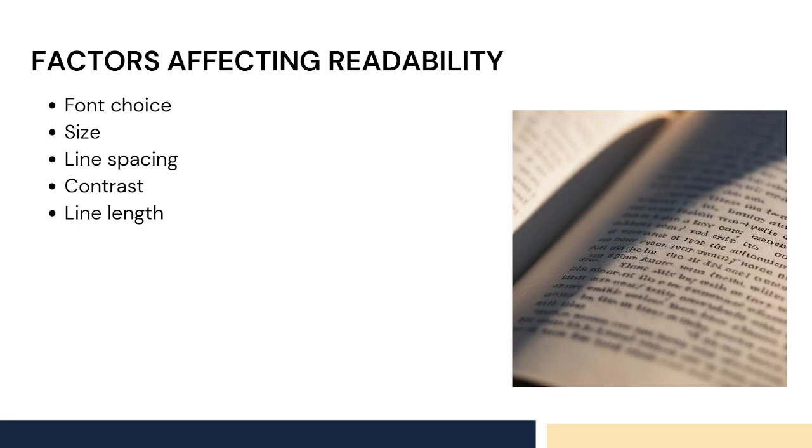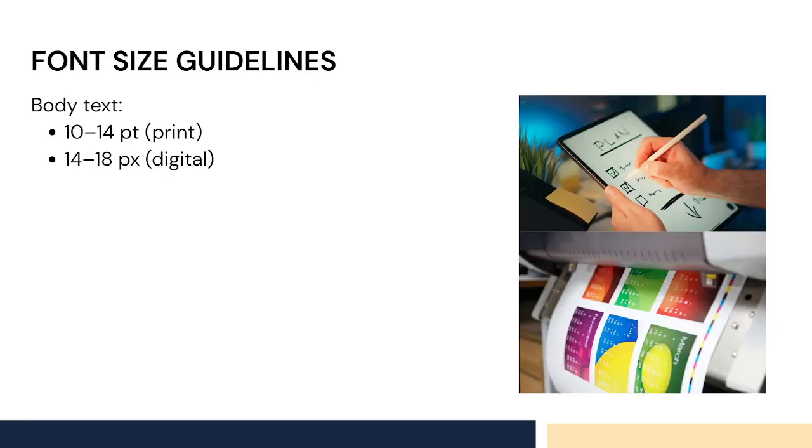The second one is size. If you make a particular item big or small in your design, the size will determine how quickly people will read it, or how hard it is for them to read it if it is too small. And we also have line spacing, contrast, which we've spoken about in our previous trainings, and line length.